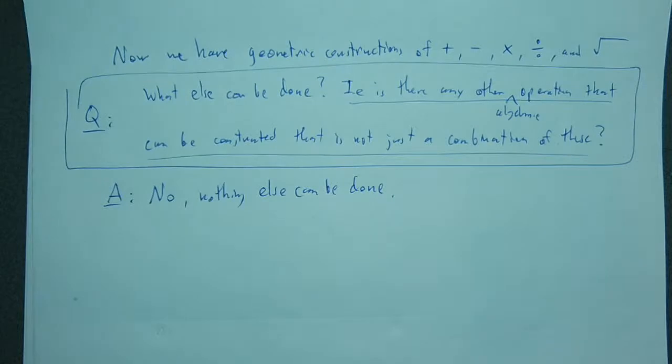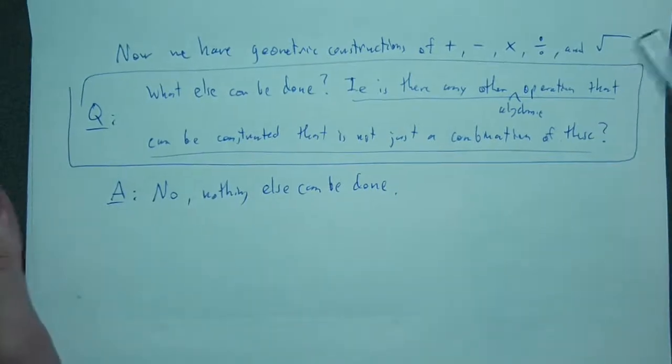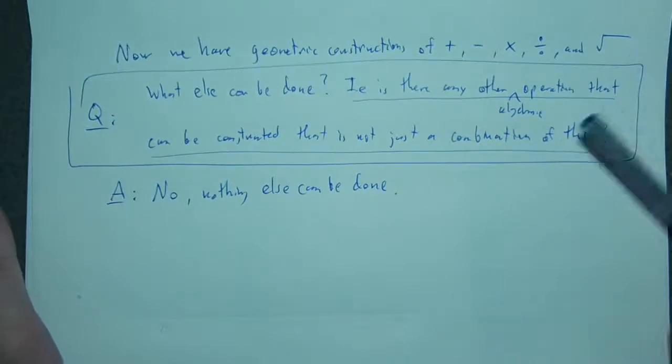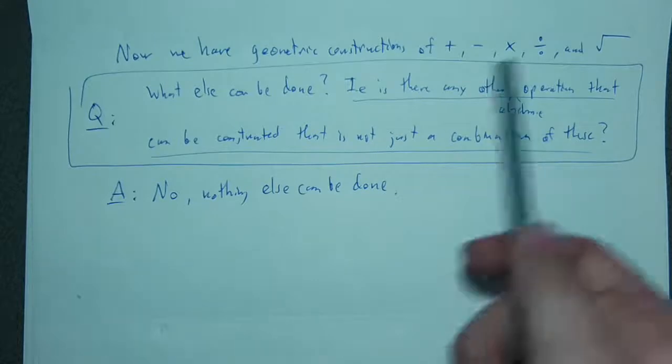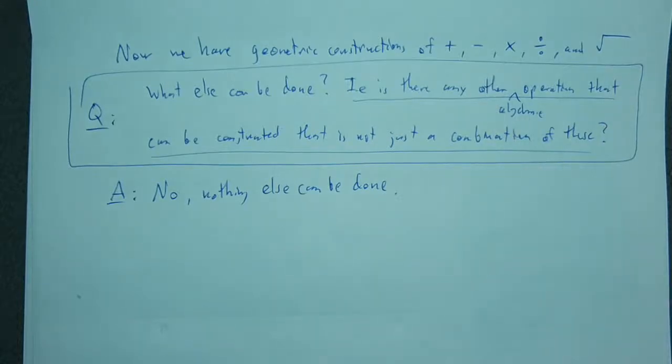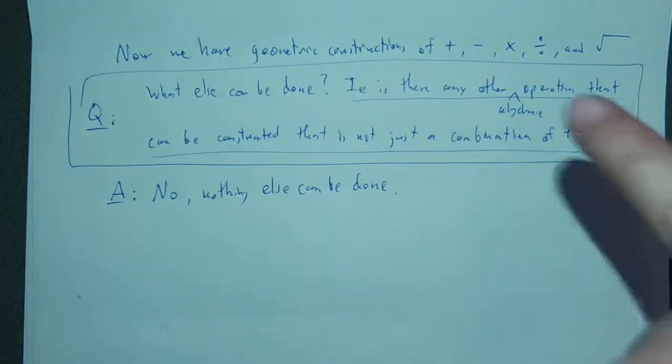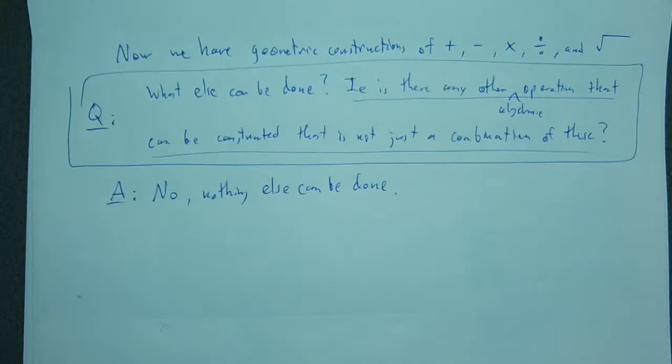Now, it turns out that, of course, a lot of the irrational numbers that you're familiar with, like square root of 2, square root of 3, square root of 5, those can be constructed. The golden ratio can be constructed. There's a lot of irrational numbers that can be constructed using compass and straight edge, but immediately there's some that can't.